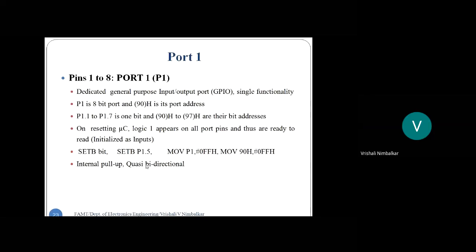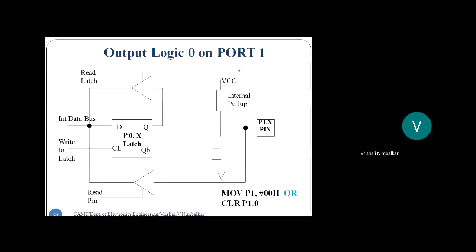Now let us see the structure of port 1. On the right hand side, at port 1 pin P1.X, I have drawn a structure which is applicable to all the 8 pins, P1.0, P1.1, up to P1.7. Such circuitry is available for each and every pin of port 1.